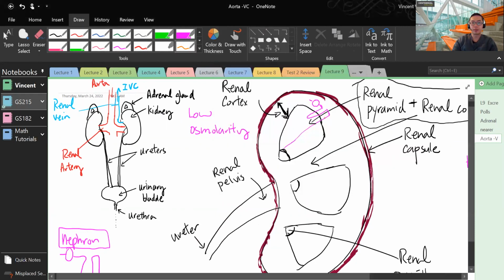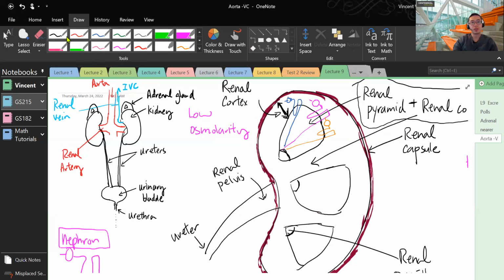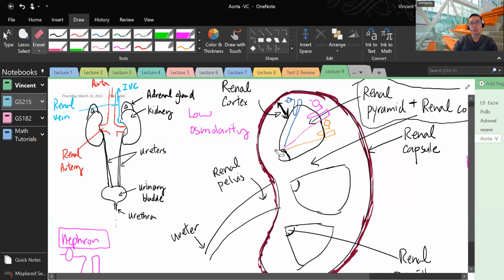Okay, you might have another one here, right? Bowman's capsule, proximal tubule, loop of Henle, distal tubule, and collecting duct. Okay, and you might have another one here. Okay, all the collecting ducts will eventually feed towards the renal papilla.